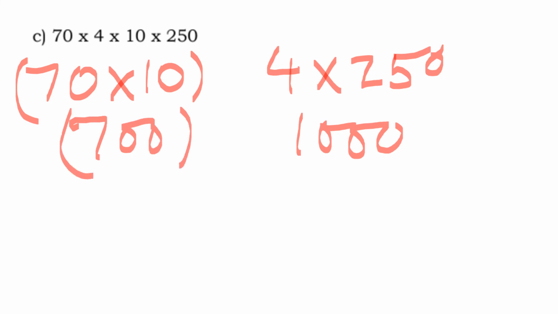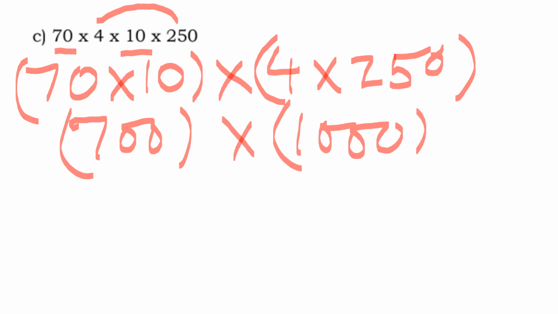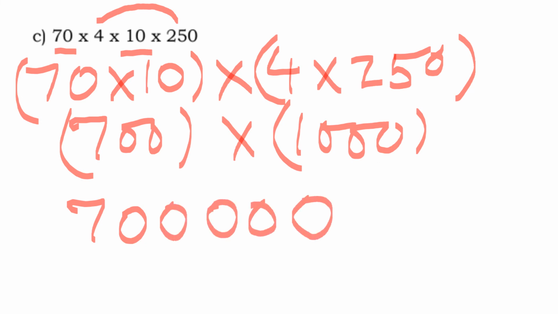So how am I arranging? These are all multiplication. I have grouped these two, 70 into 10 and 4 into 250. So 70 into 10, 700 into 1000. This gives me 1, 2, 3, 4, 5 zeros. That means either you can call it 700,000 or it is 7 lakh.